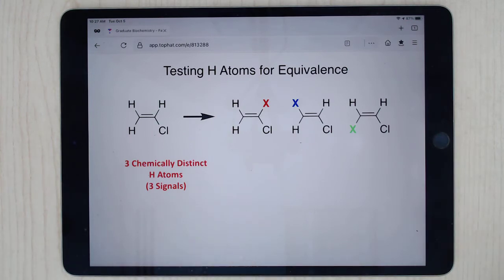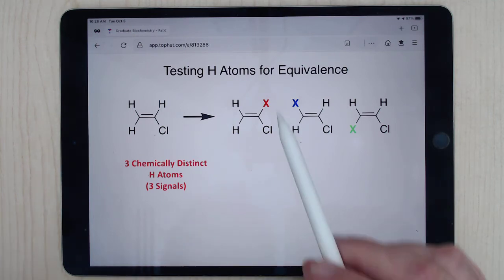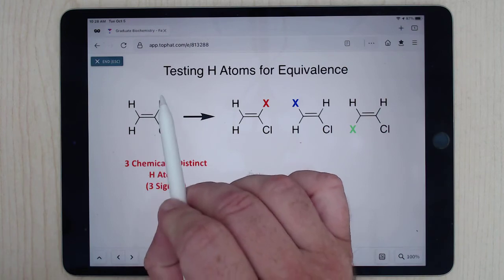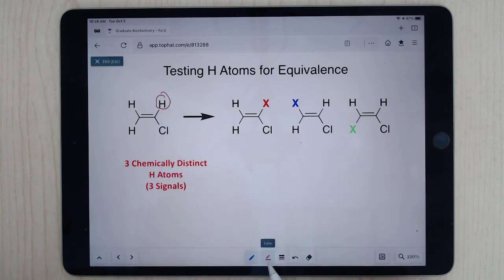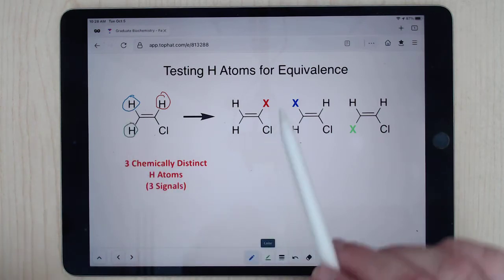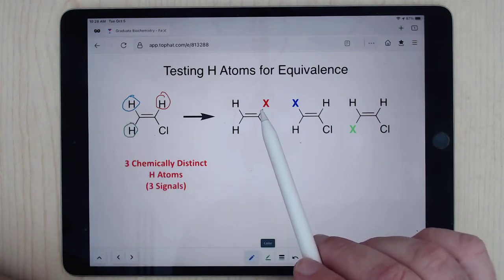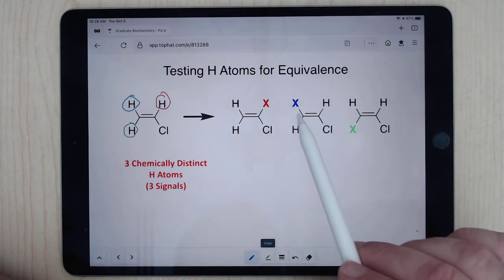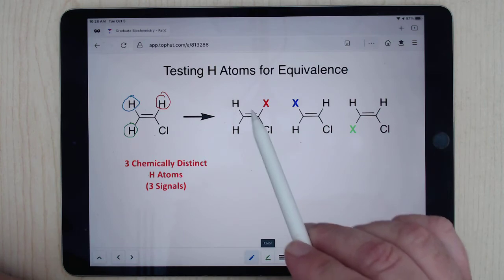You can also have non-equivalent hydrogens on the same carbon. This is one of the classic cases where if you compare the red one to the blue one to this green one here, there's no way that I can flip this molecule to get it to look like this, where the X's would be in the same place, because there's no free rotation around this double bond.